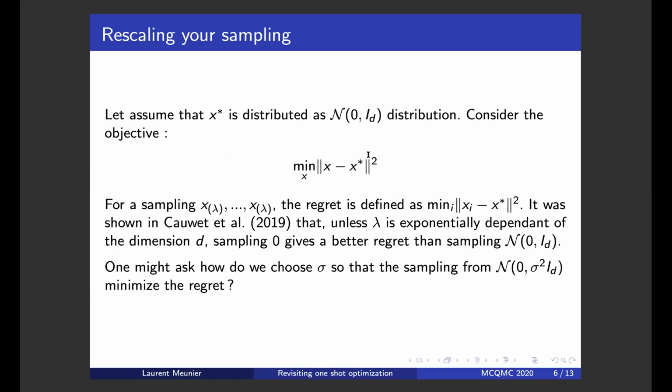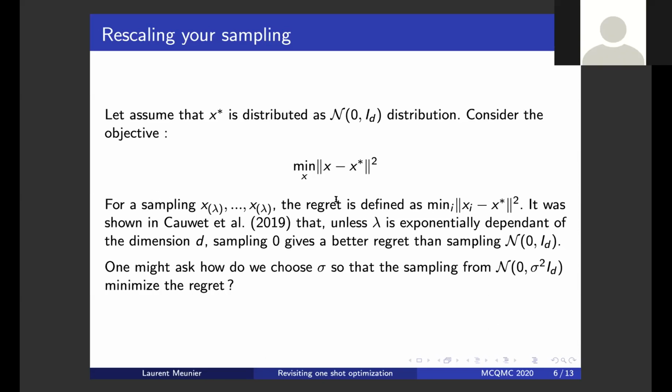Let's assume that x star is distributed as a centered Gaussian distribution, and consider the following objective function, which is basically the quadratic function, the sphere function, with a random optimum point.